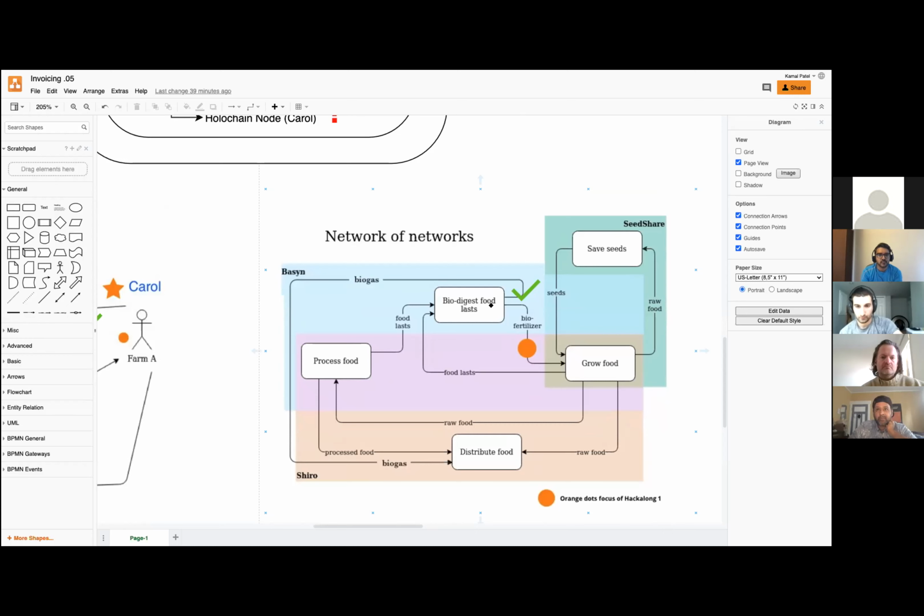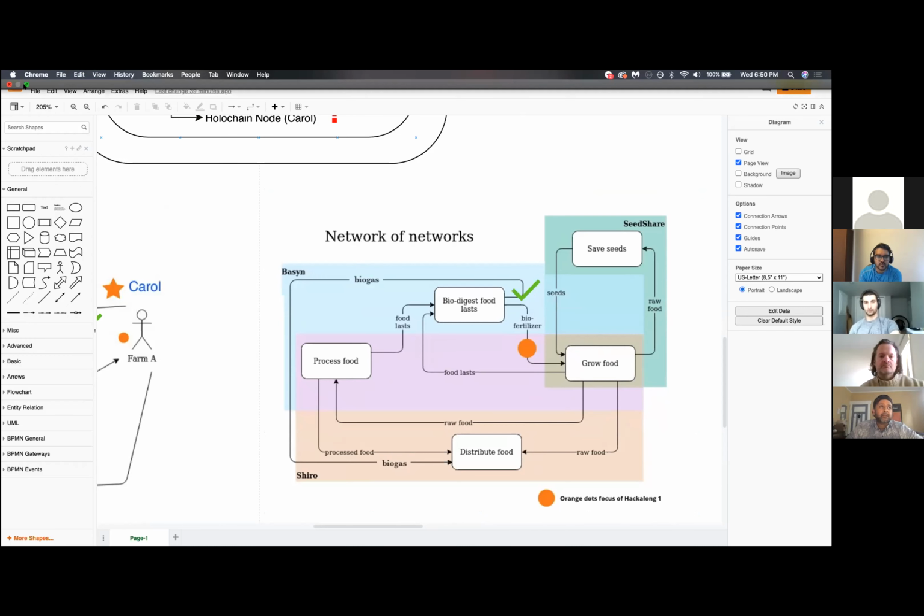So this interaction happened where the digester sent biofertilizer to the farmer, Carol. And then in this concept, I just started the Shiro thing. I didn't actually get into it much. So let me just jump into that. Any questions before I move on?